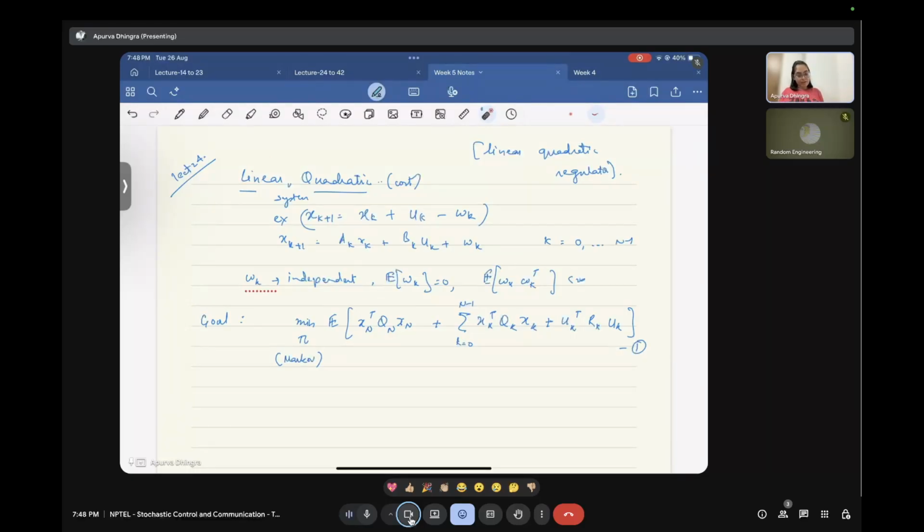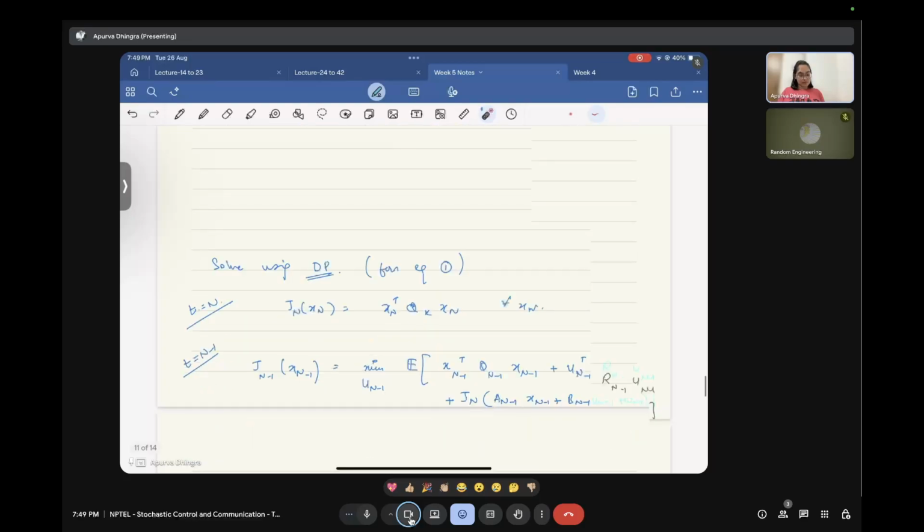So when we talk about a linear system and quadratic cost, this is a problem that is very nicely solvable. This gives closed form solutions, and it has a lot of applications in many different areas. This is one of the most widely applied models that comes from these types of systems.